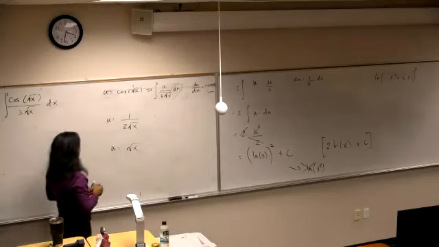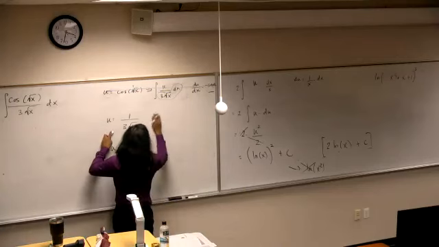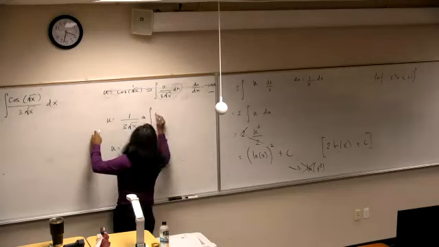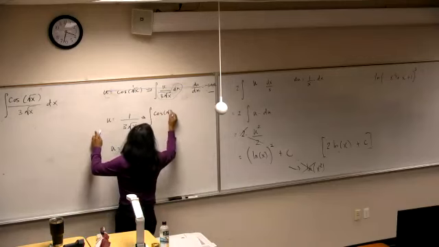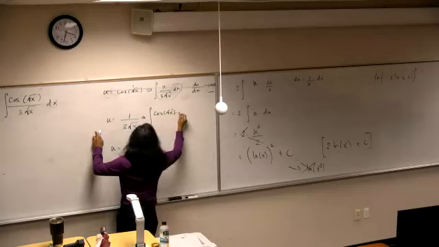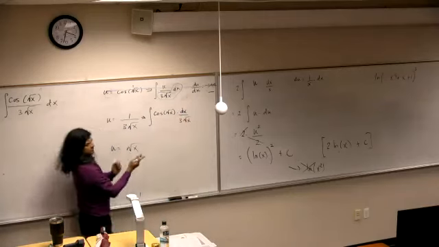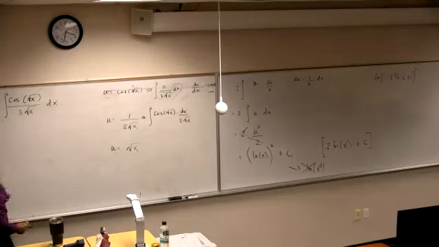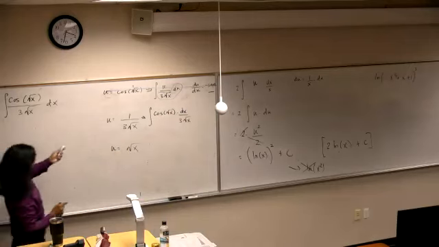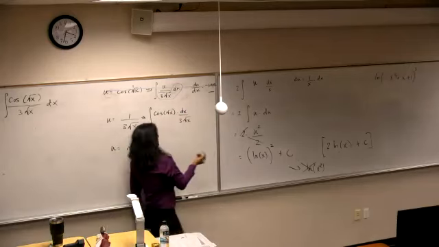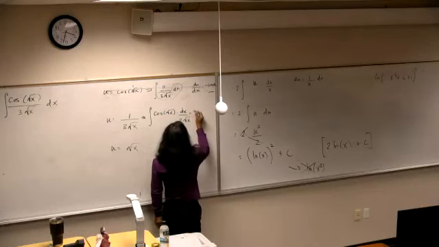Next, if I rewrite the integral, I'll have cosine root x times dx over 3 root x. Just rewriting it. I'm calling u to be 1 over 3 root x.